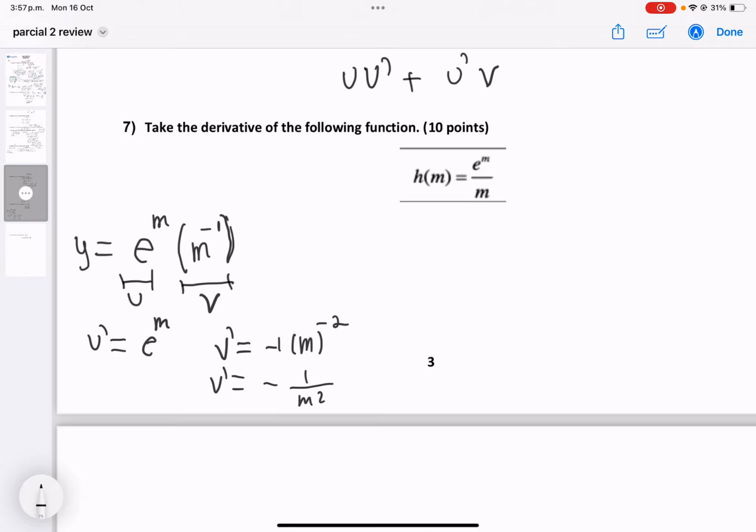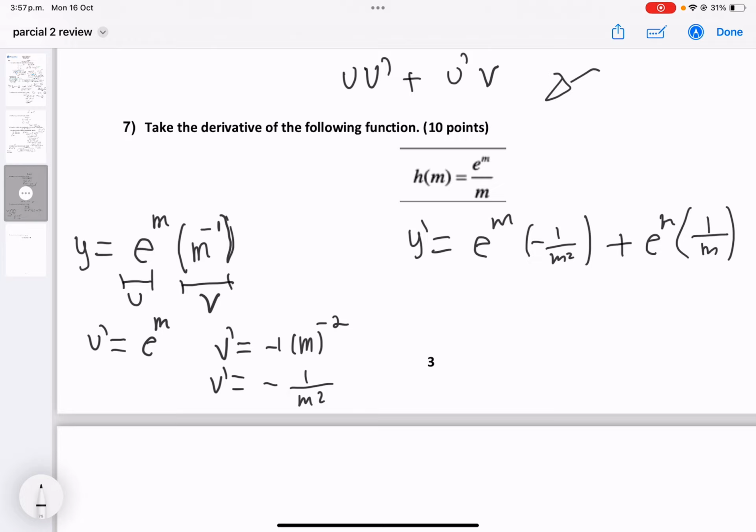Okay. Now I will just apply the product rule here. I will write this in that order. So I have u times v prime, plus u prime, which is also e to the m, multiplied by v, which is 1 over m, like this.